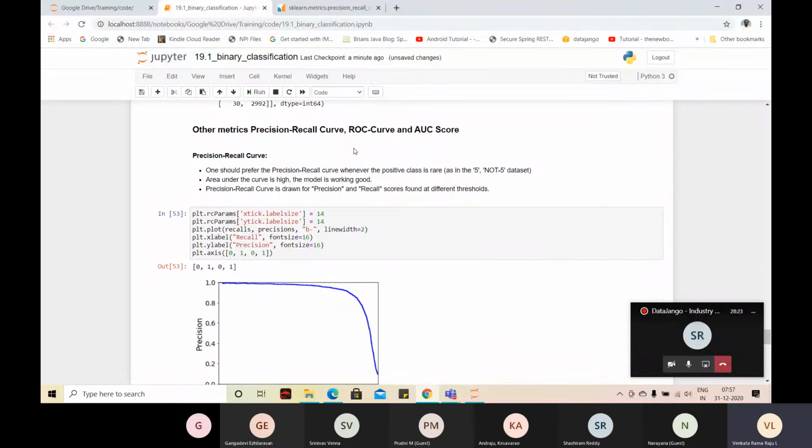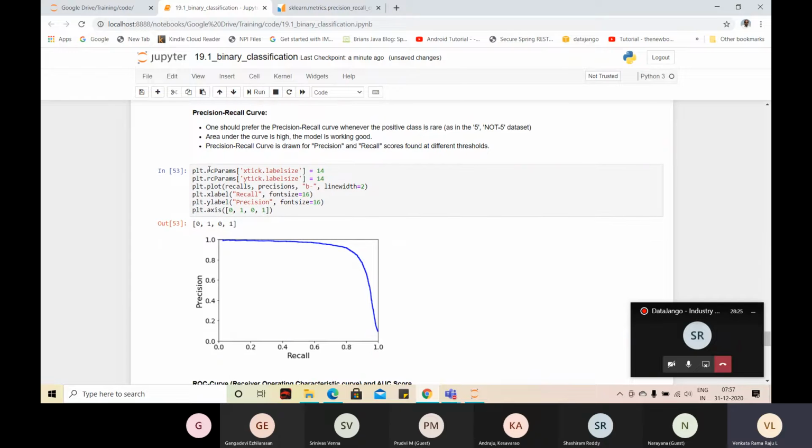Okay. So precision recall curve is another way to check whether the model is working well or not. One should prefer the precision recall curve whenever the positive class is rare. If the data set is imbalanced, the precision recall curve will show you the problems in it.